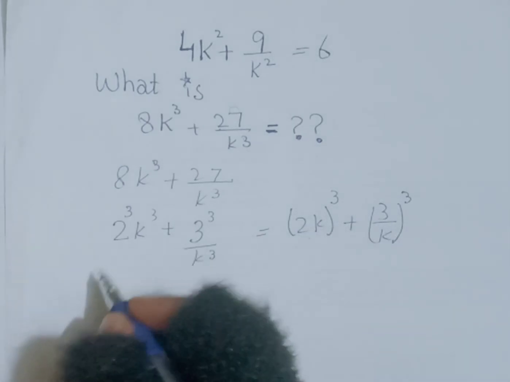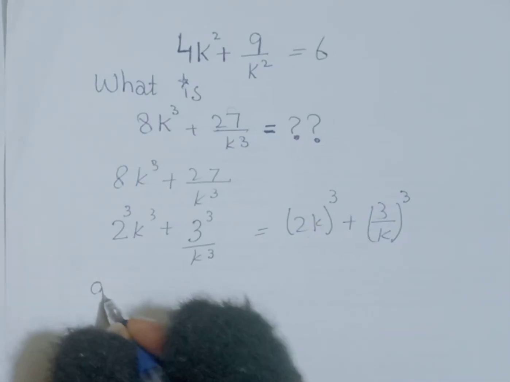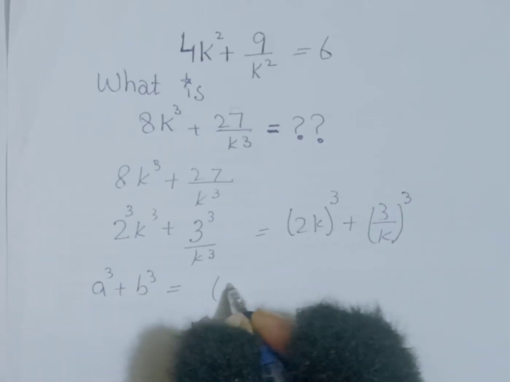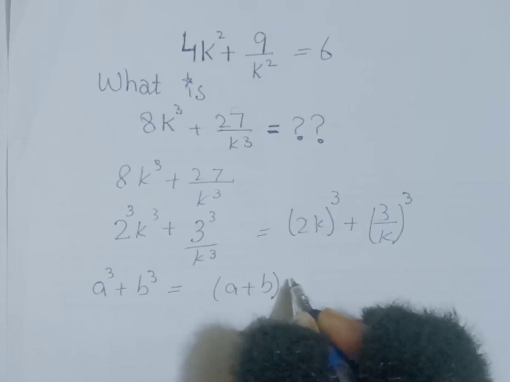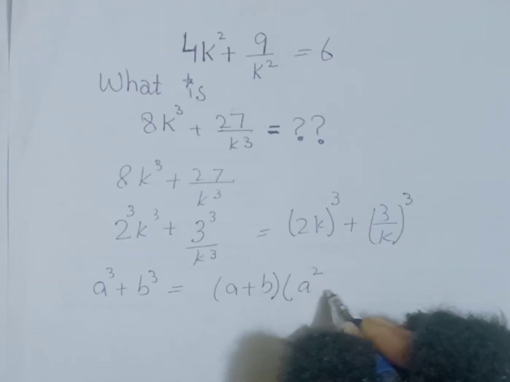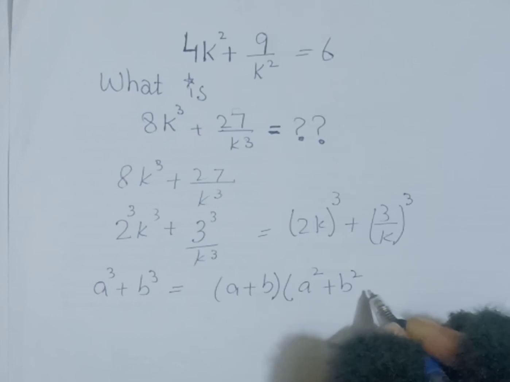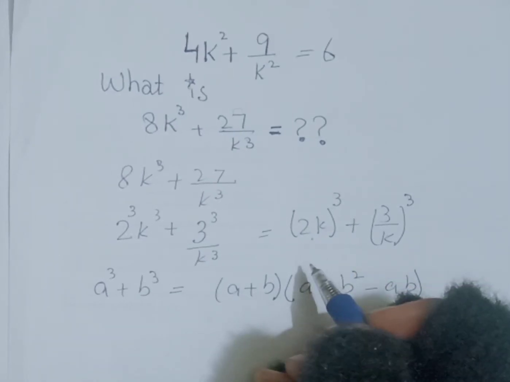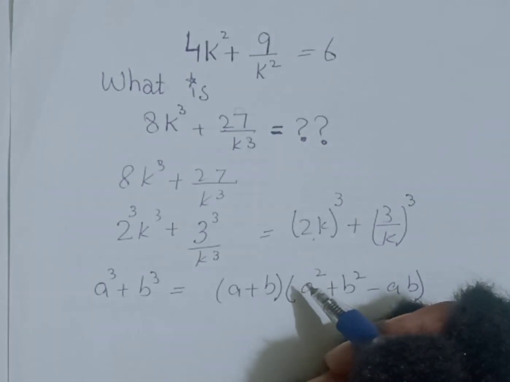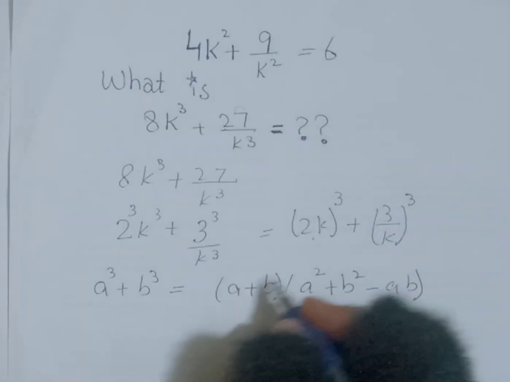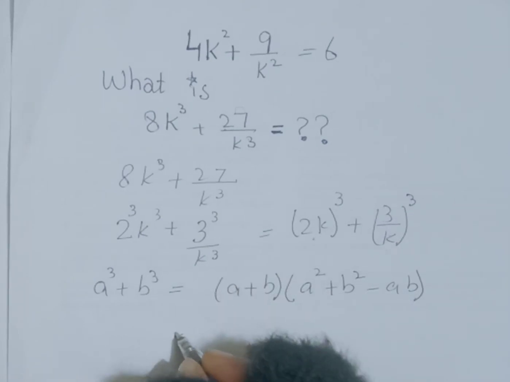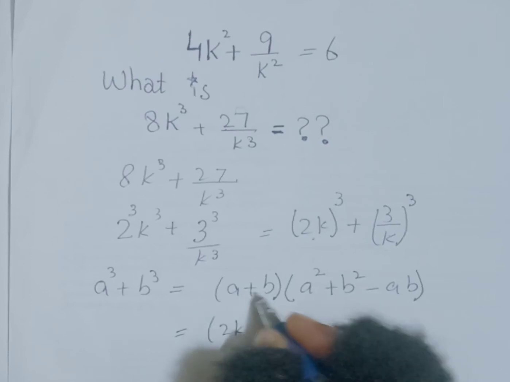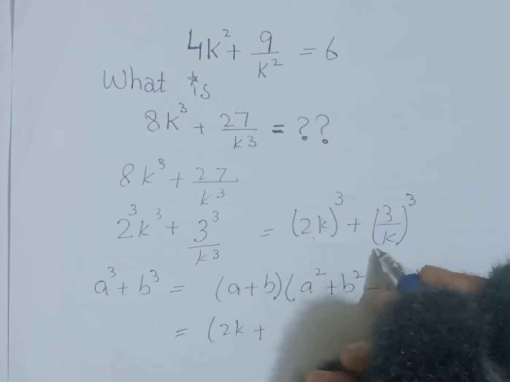So we use a formula which is a cube plus b cube is equal to (a plus b) multiply (a square plus b square minus ab), and in our question a is 2k and b is 3 over k. So this will become a is 2k plus b is 3 by k.